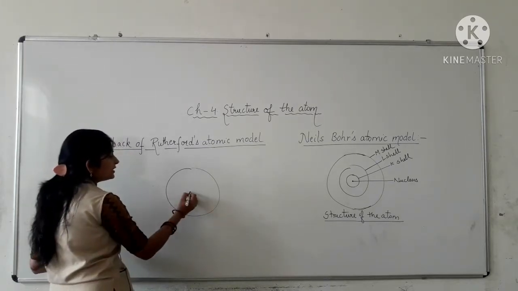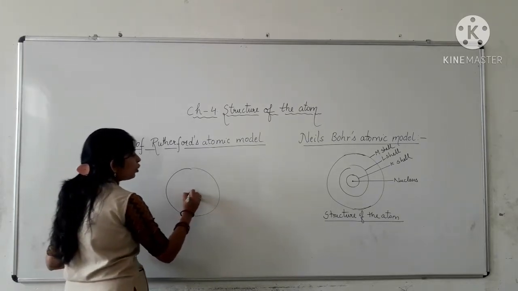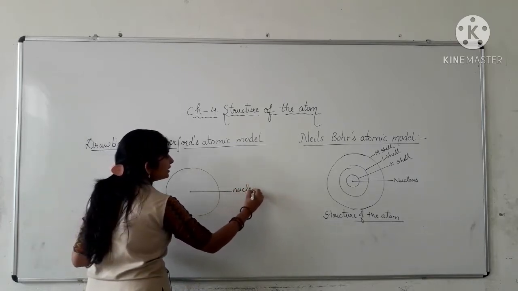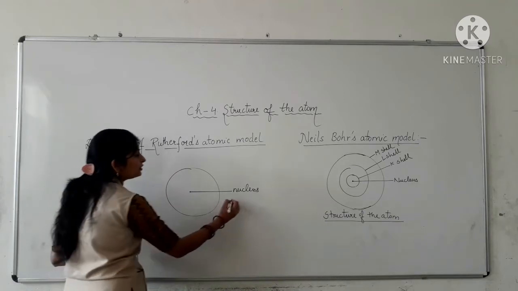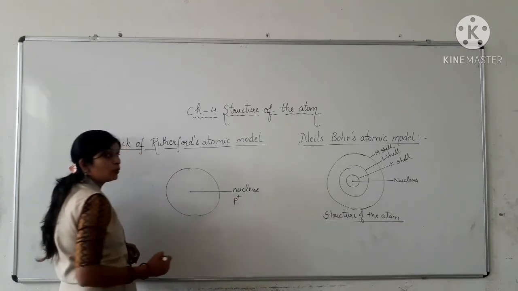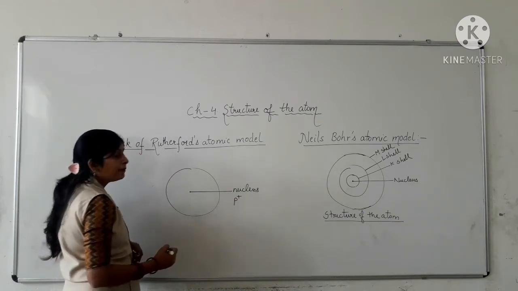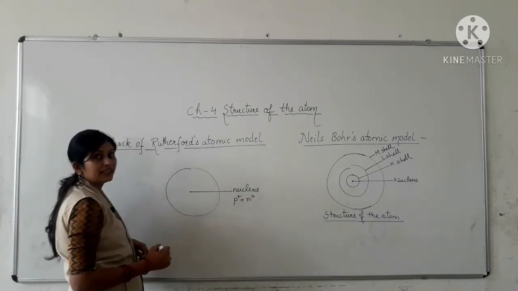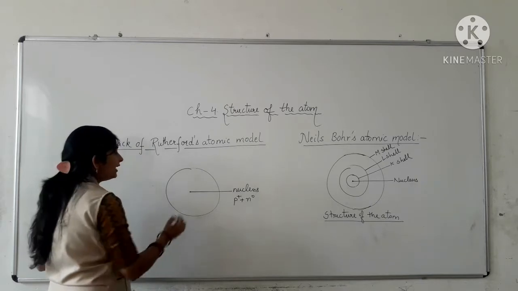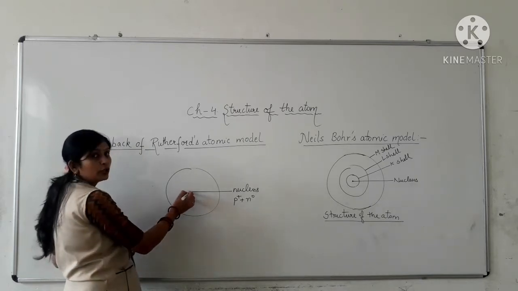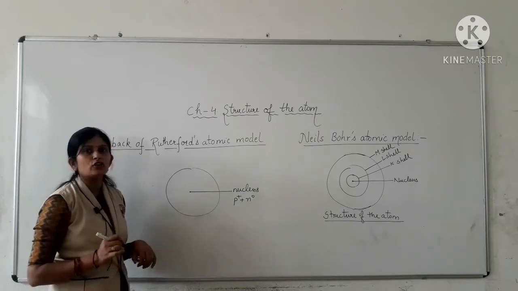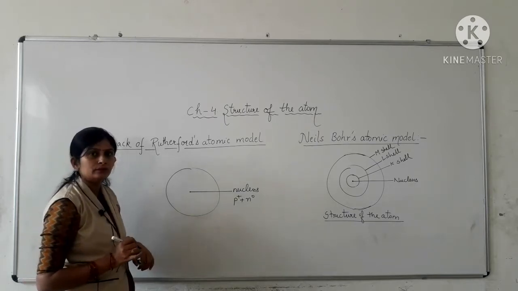Then there is a small central core region inside the atom known as the nucleus, where the entire positive charge, meaning protons, and mass, plus neutrons, are present, and the size of the nucleus is very small compared to the size of the entire atom.